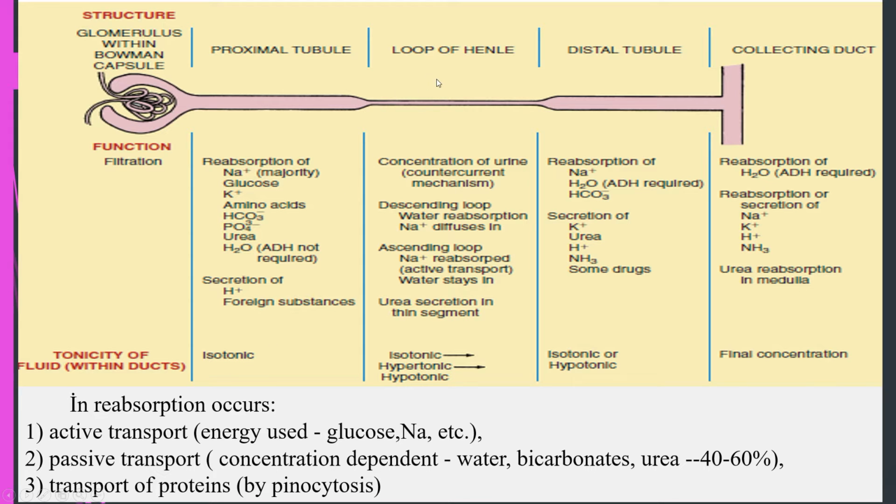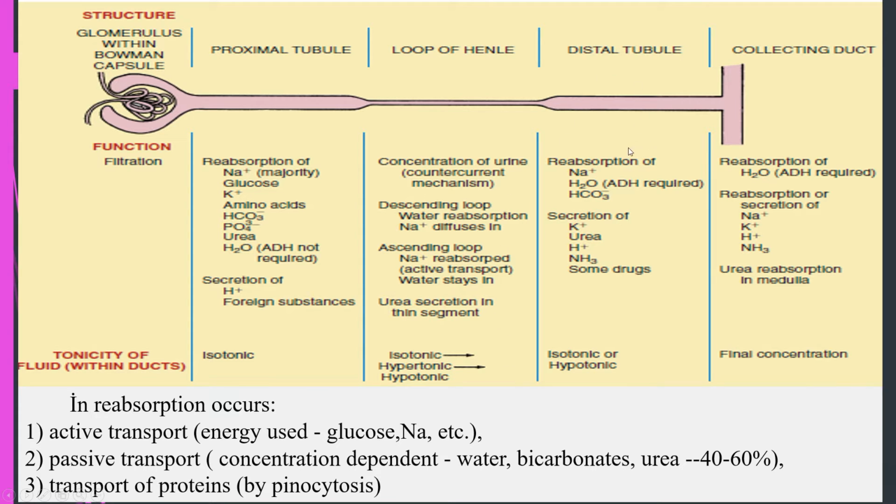In the loop of Henle, urine is concentrated. In the descending loop, water is reabsorbed, with sodium diffusion. In the ascending loop, sodium is reabsorbed. This reabsorption is called active transport, and water stays in, with urea secretion in this segment, forming isotonic and hypertonic urine.